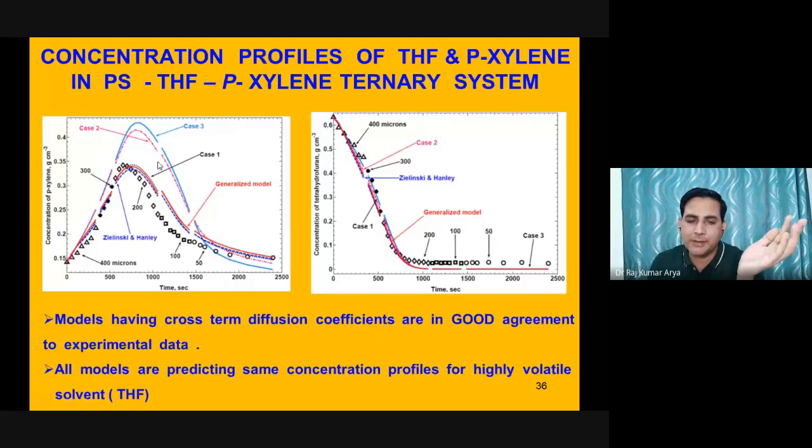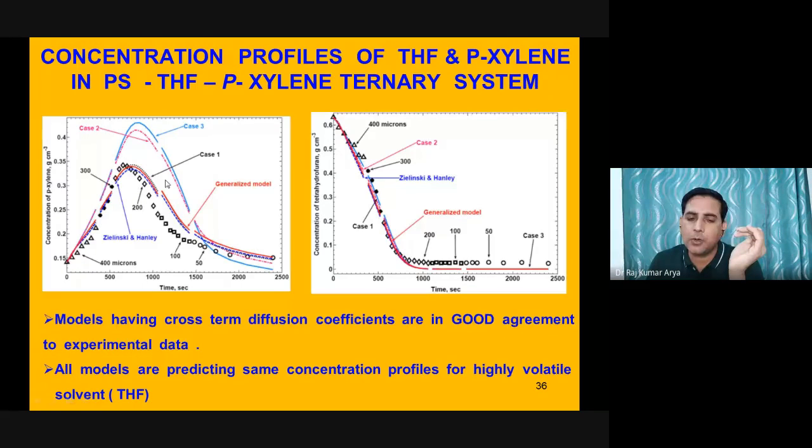What we found here is that the model of Zielinski-Hanley, the generalized model, and case one of Elsoy and Duda are close to experiment, but none of the models is able to predict the entire drying behavior of the coating. In the first 500 seconds, every model is predicting well. At the end of the 500 seconds, the top layer has a very low percentage of solvent and the bottom layer a high percentage.